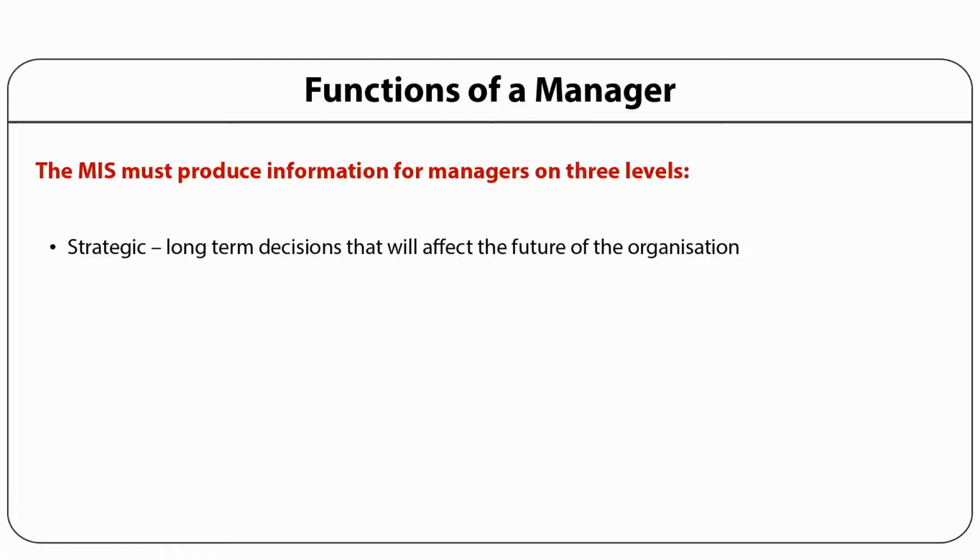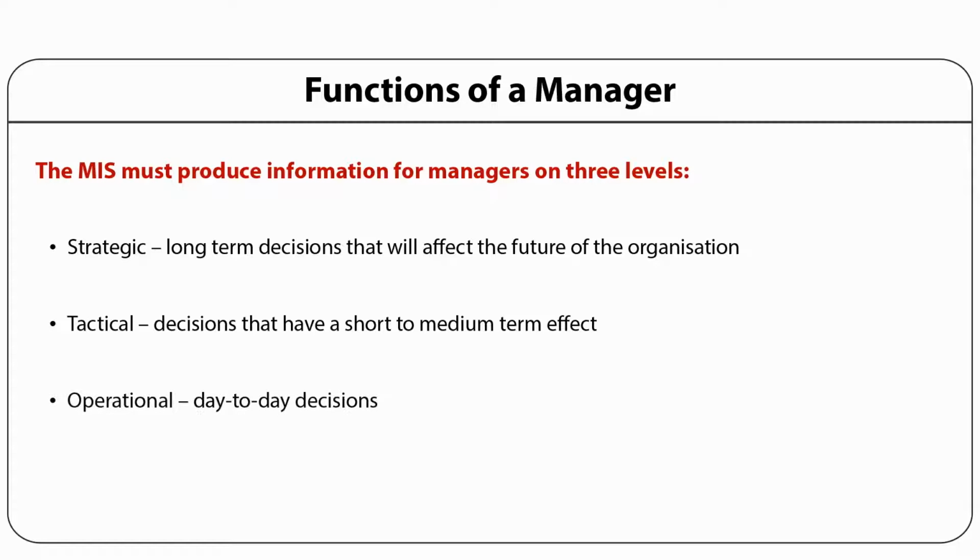In the next level, that is the middle level, normally these are having managers who are at the medium level. So these decisions usually have a short to medium term effect. So tactical planning or tactical decision making is required by this particular level. And the last level, that is the lowermost level, is involved in carrying out day-to-day operations.